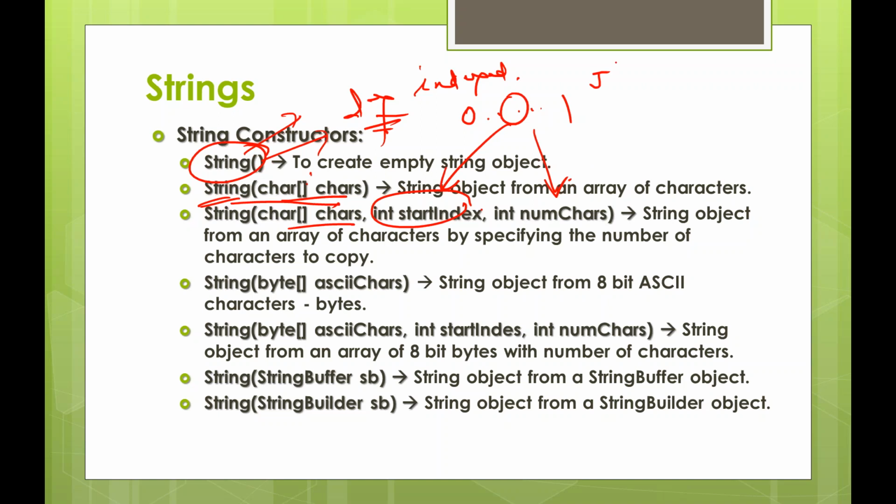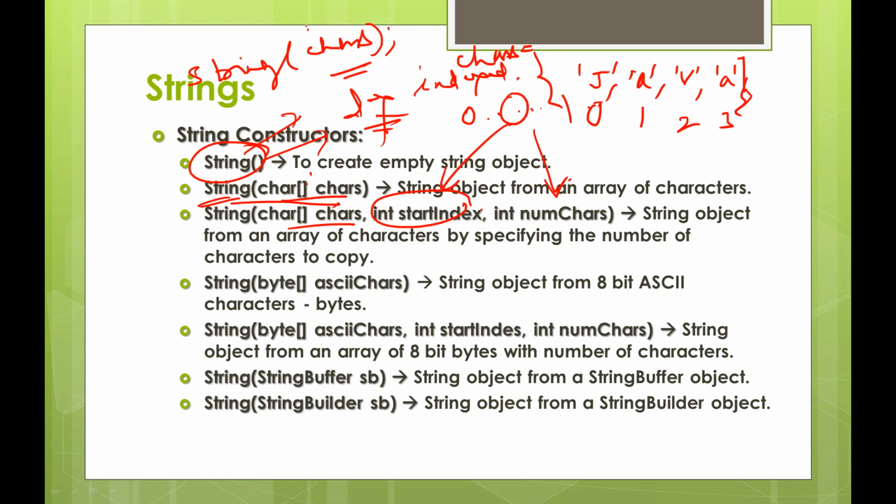Say for example, I have an array. The index of J is 0, this is 1, this is 2, this is 3. If I want to create a string Java, I can just call string of chars, which is equal to this one.